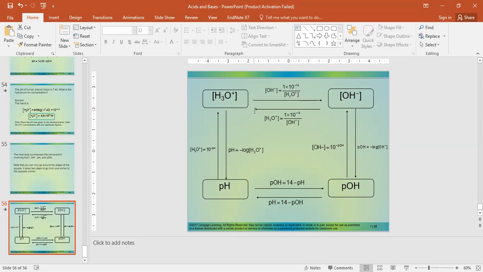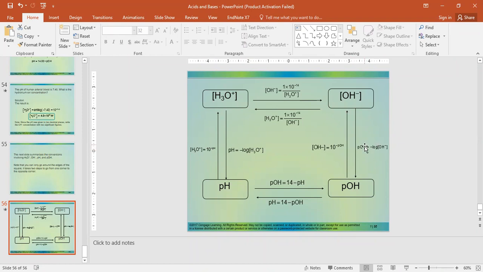And to move in the opposite direction, you do the same. Then when you have the concentration of the hydronium ion, you calculate the pH by taking the negative logarithm of that concentration. And when you have the pH and want the concentration, you take 10 to the power negative of that pH.